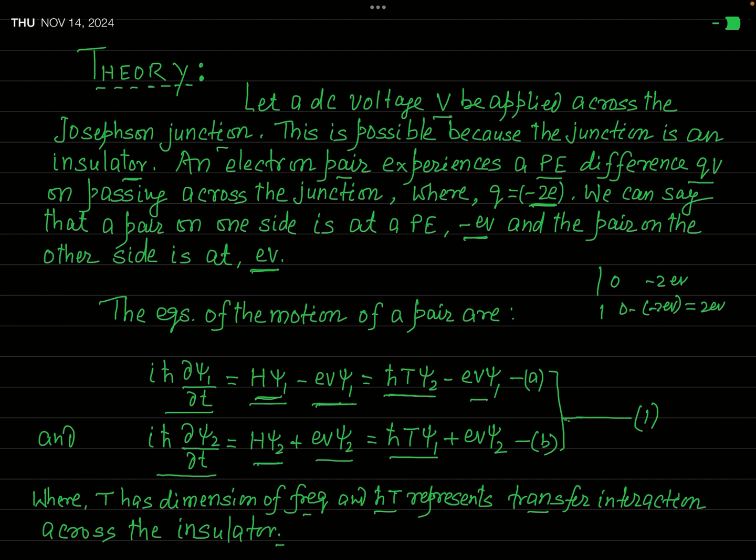So you can mark the difference: when we wrote the equation of motion for Cooper pairs in the DC Josephson effect, the second term on the right-hand side, the term containing the voltage, was not present, because in that case we considered V equal to 0. So this is the only difference.